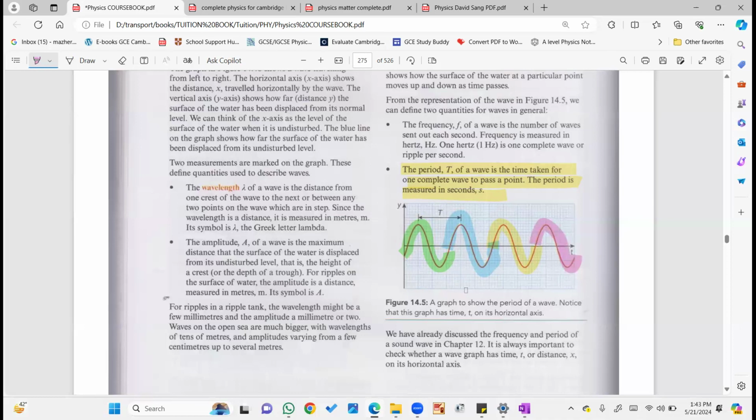Okay, so the frequency would be 4 hertz. Let's say it's a complete wave, it just got cut off here. So the number of waves passing through a point in 1 second is known as frequency. Here is the definition. Frequency has a unit of 1 over second, or hertz.